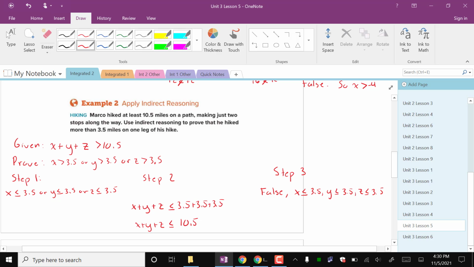Marco traveled more than 3.5 miles on one part of his trip.